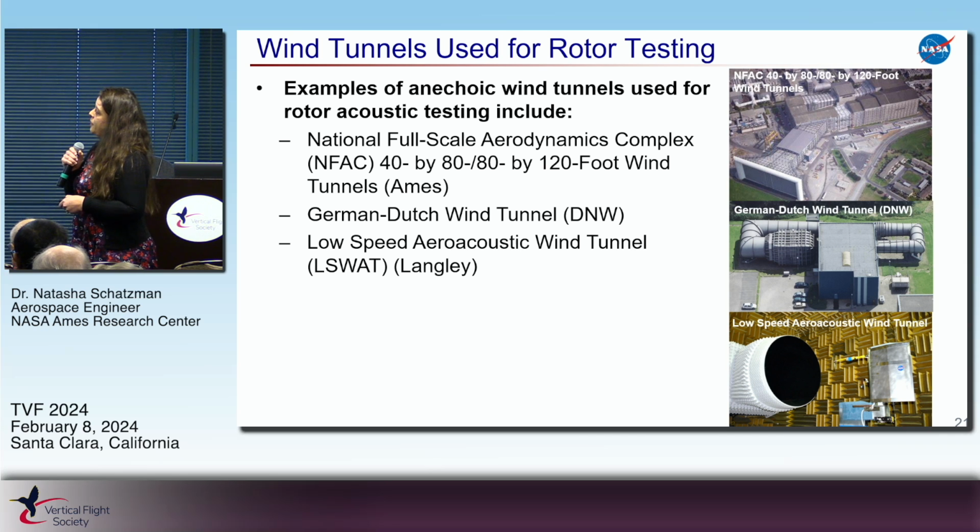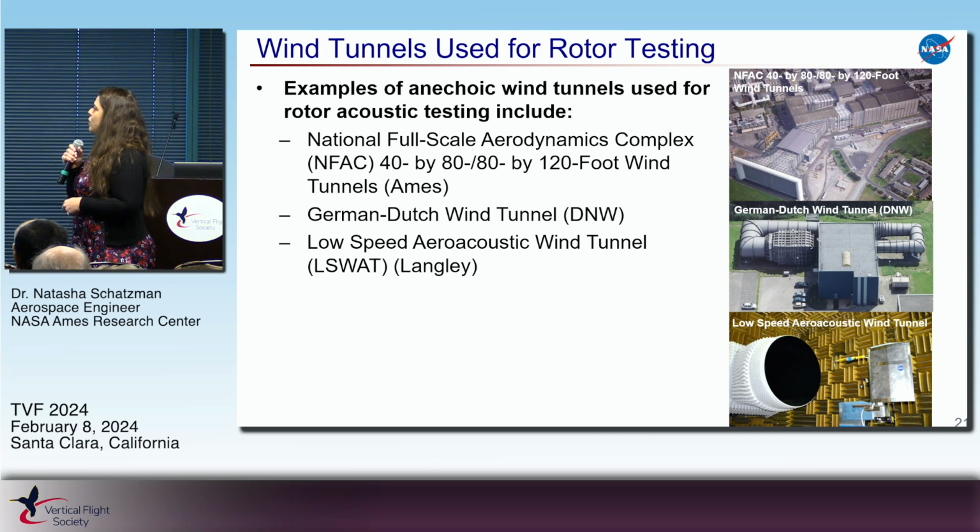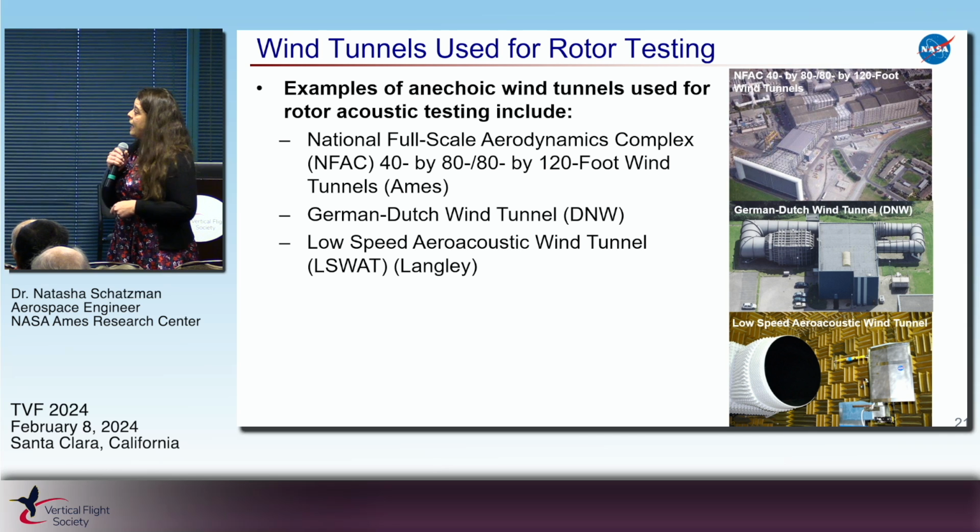We're going to start out with the National Full-Scale Aerodynamics Complex, the 40 by 80 foot and the 80 by 120 foot wind tunnel at NASA Ames, just down the road here. That's at the top here, which is one of the world's largest wind tunnels. Then we're going to move across the pond to the German-Dutch wind tunnel, the DNW. And then moving on to a tunnel at Langley, the low-speed aeroacoustic wind tunnel, or the LSAWT.